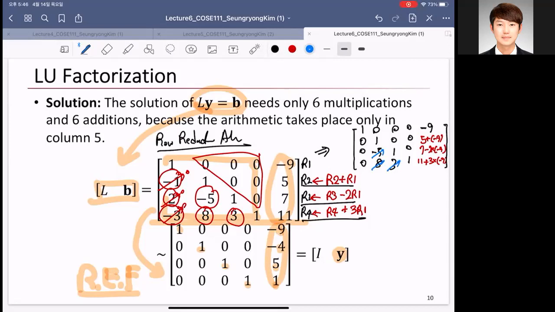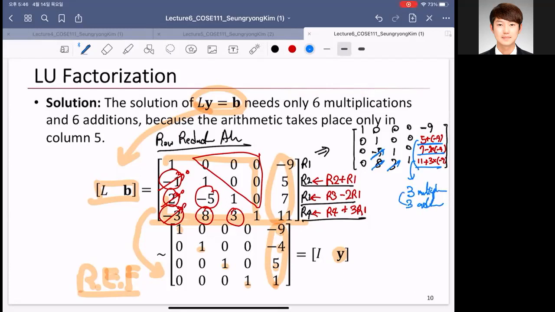Then let's talk about complexity, meaning how many multiplications and additions are required to solve this kind of task. Here, we require 3 multiplications and 3 additions. Similarly, to eliminate these two terms, we require 2 multiplications and 2 additions.